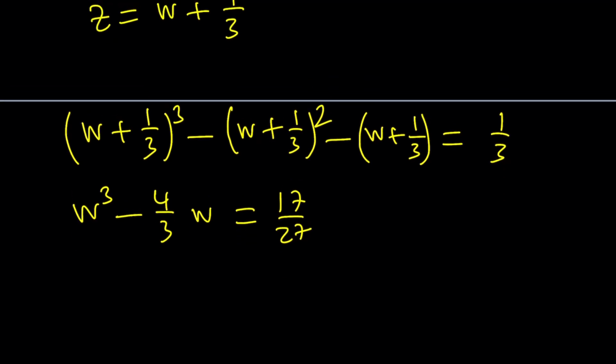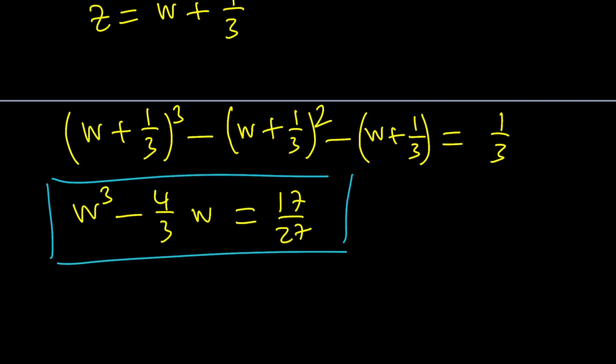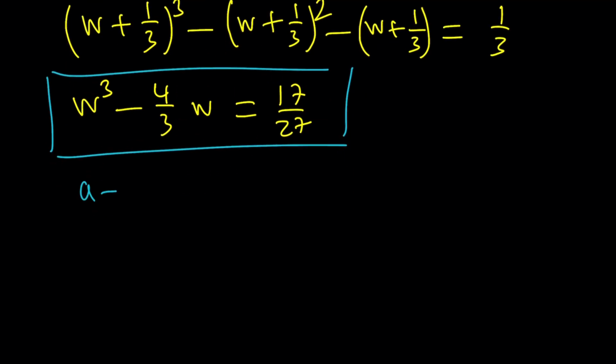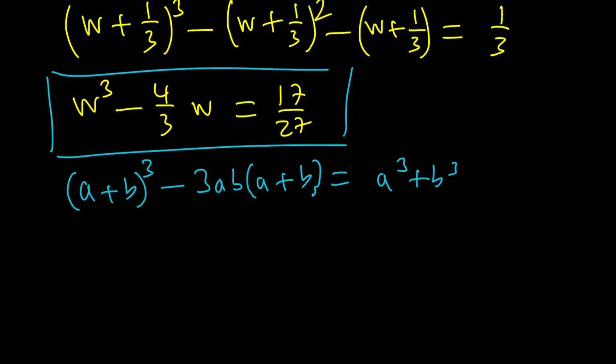That's the whole idea behind solving this equation. Now we're going to use substitution, and consider the following identity: (a plus b) cubed minus 3ab times (a plus b) equals a cubed plus b cubed. You notice that in this equation, by way of substituting w for a plus b, we get a cubic equation for w, which is what we have.